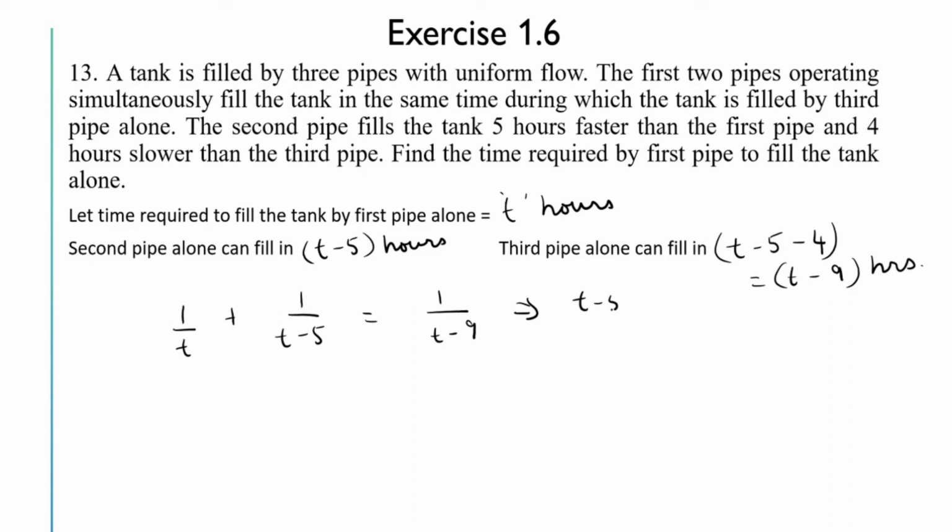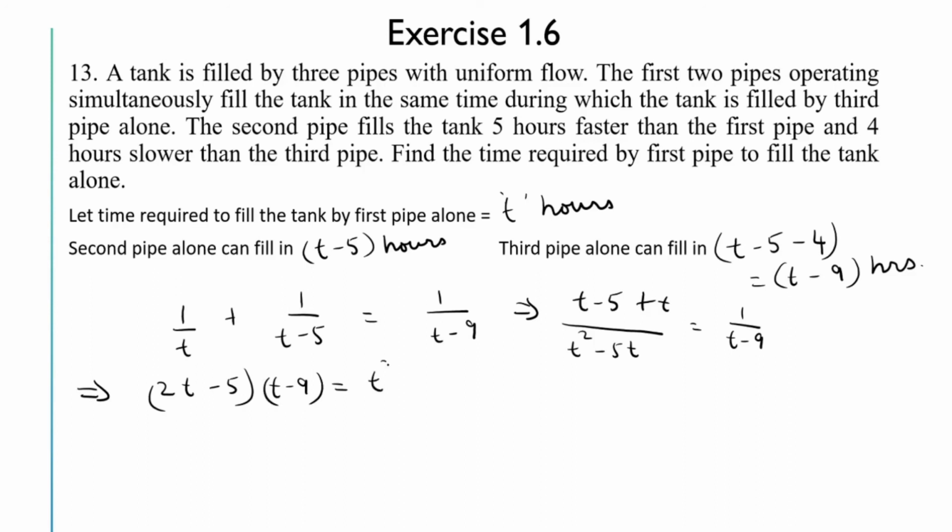T minus 5 plus T divided by T square minus 5T is equal to 1 by T minus 9. Or from this we have 2T minus 5 into T minus 9 is equal to T square minus 5T. That is, I am cross multiplying.